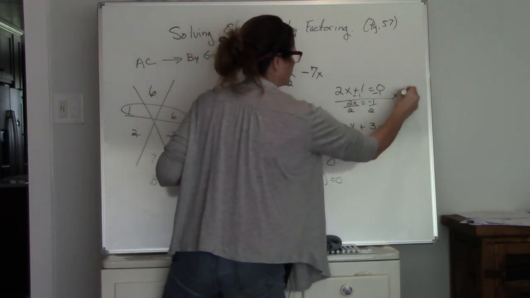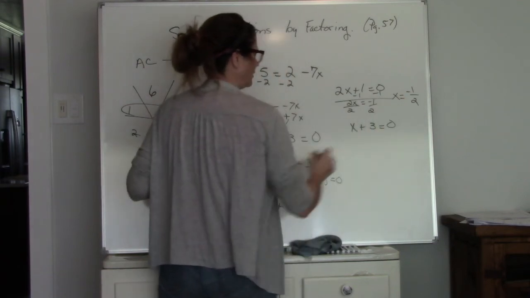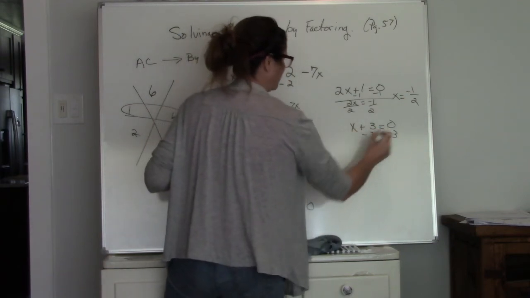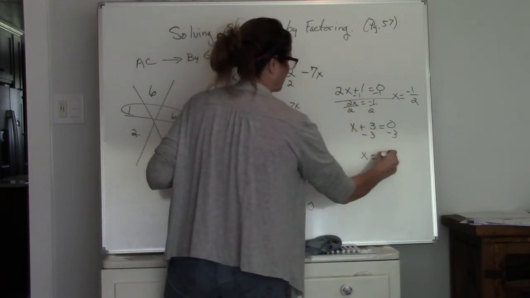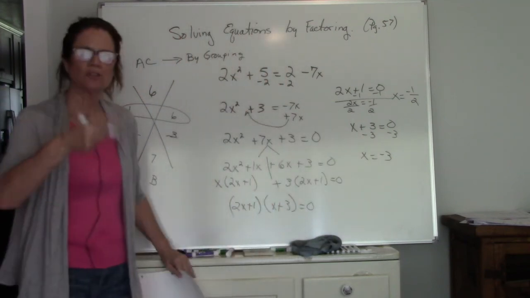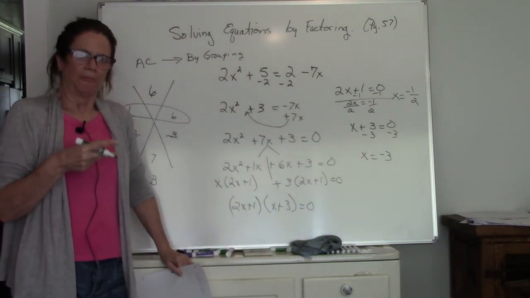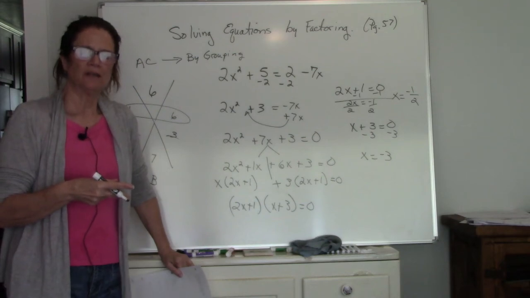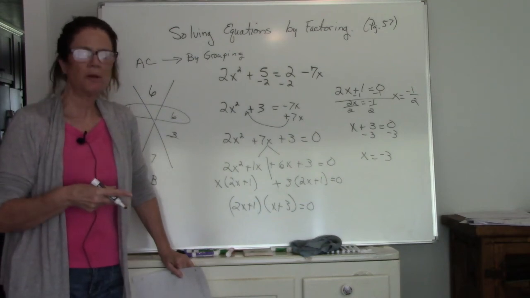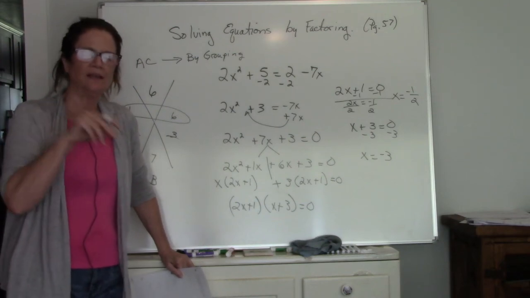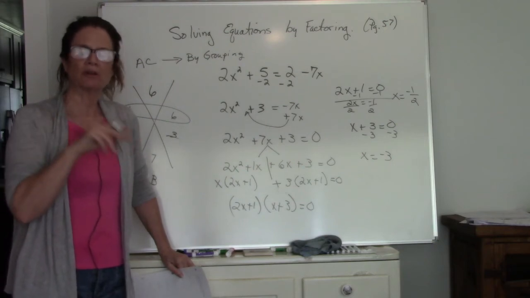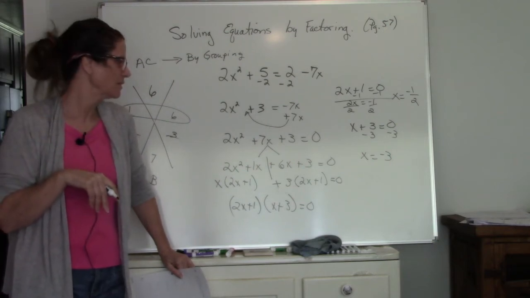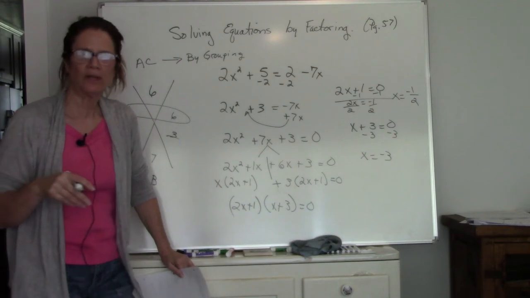So x equals negative 1/2. Here, I'm going to subtract 3 from both sides. So x equals negative 3. So my two values, the x-intercepts, another term for it is zeros of the polynomial, and roots of the polynomial, because it anchors to the x-axis, are negative 3 and negative 1/2.